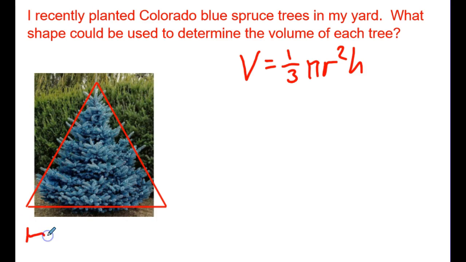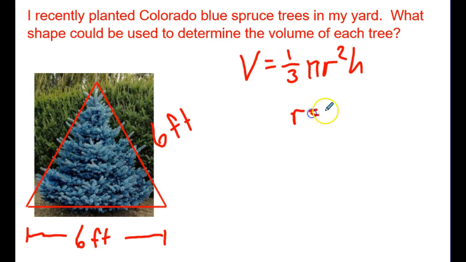The distance across the bottom is 6 feet, and the length across this side is 6 feet as well. This is going to be the diameter, which means we can find the radius. The radius is going to be equal to 3.